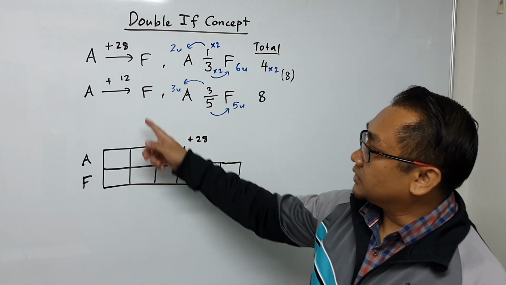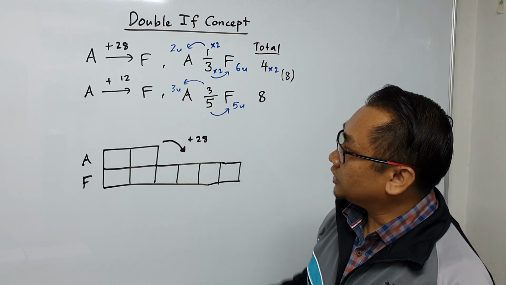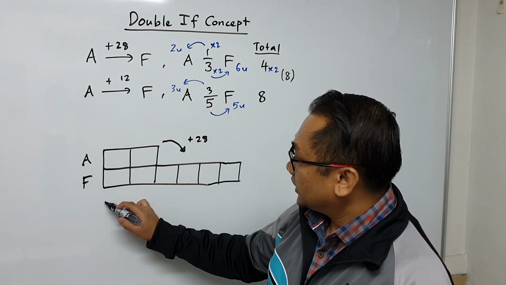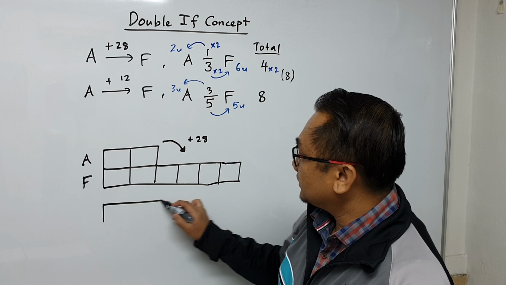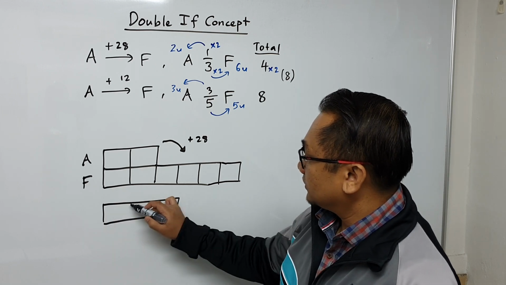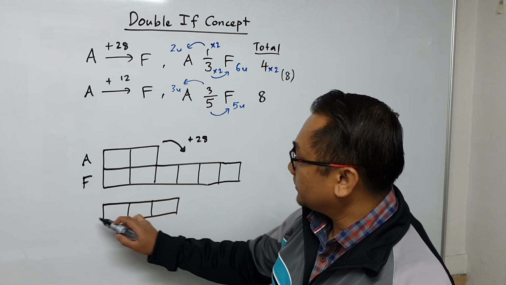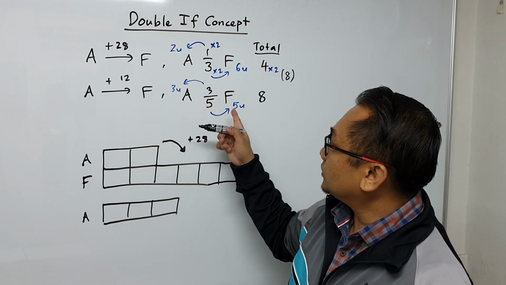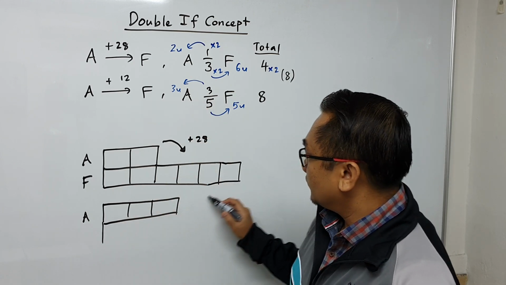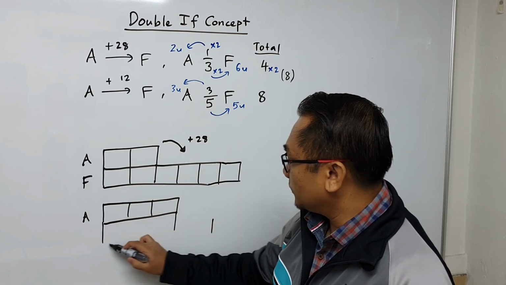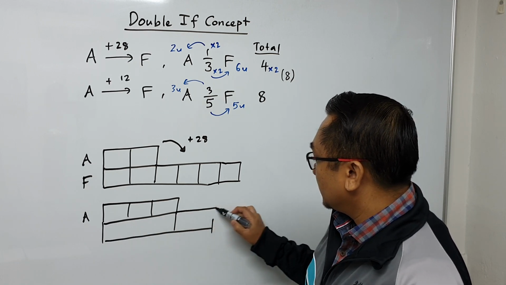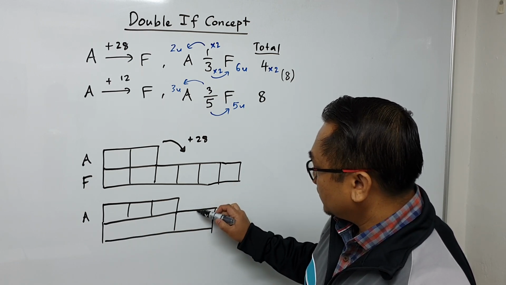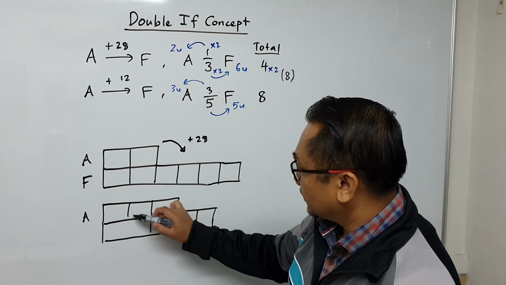But in the second scenario, Alfred only gives 12 stamps and he has 3 units. So Alfred has given only 12 stamps and he's left with 3 units, but Fiona has 5 units. Let's try to make the units about the same size so that we can compare the two models together.